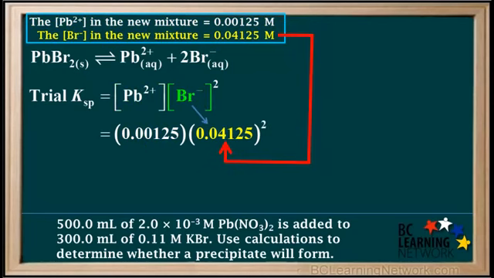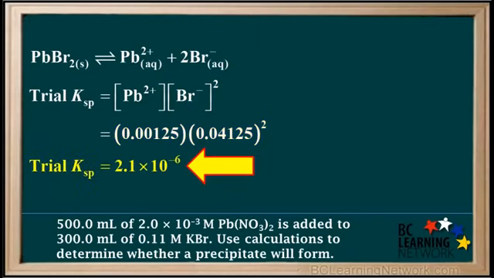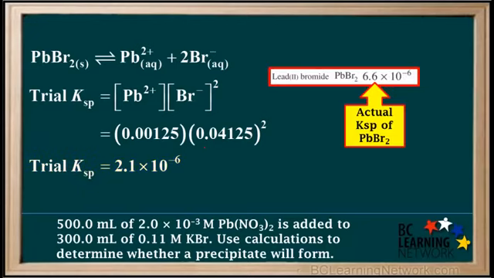And we substitute 0.04125 for the concentration of Br- in the trial KSP expression here, remembering that the concentration of Br- is squared in this expression. So to calculate the trial KSP, we take 0.00125 and multiply it by 0.04125 squared, and we get 2.1 times 10 to the negative sixth for the value of trial KSP.